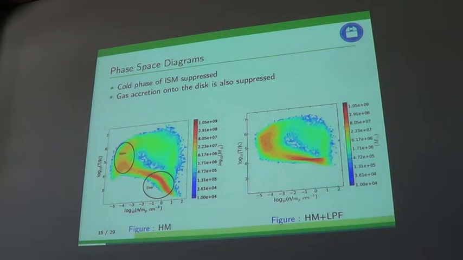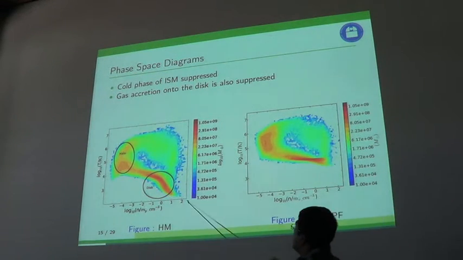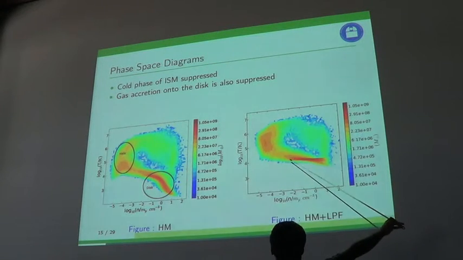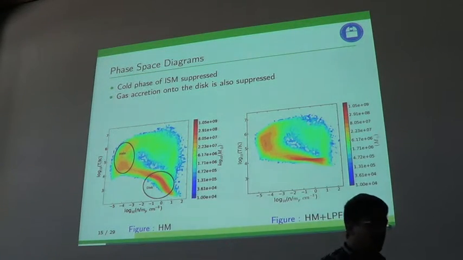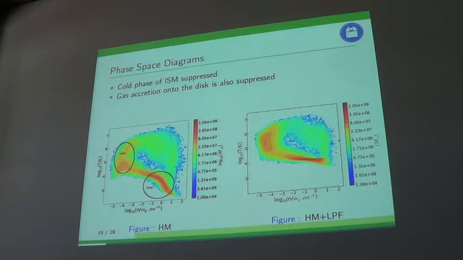The other effect you see is your disk is at a higher temperature because it sees a higher radiation field. But this is a secondary effect. I'll show you why. The primary effect is that you reduce the gas accretion from the halo to the disk. And you can see that here also.